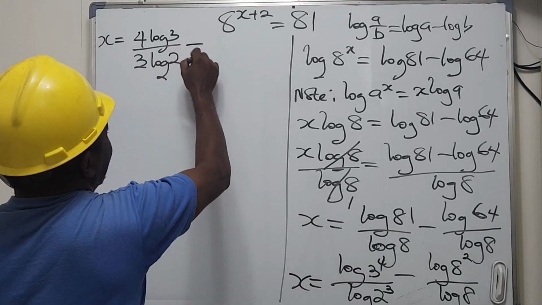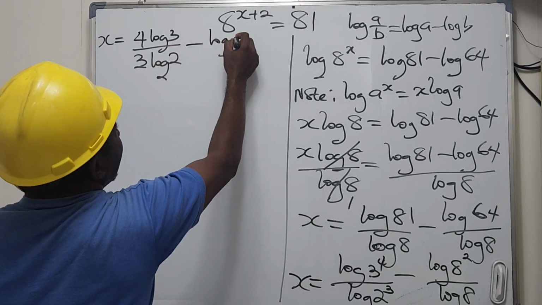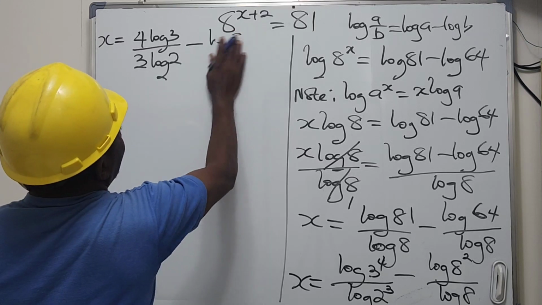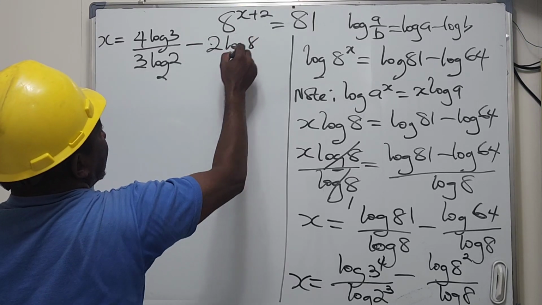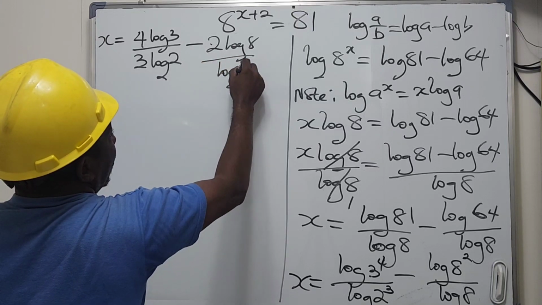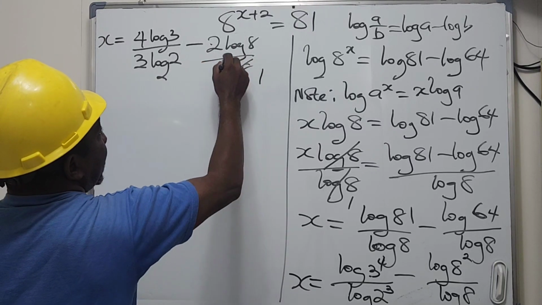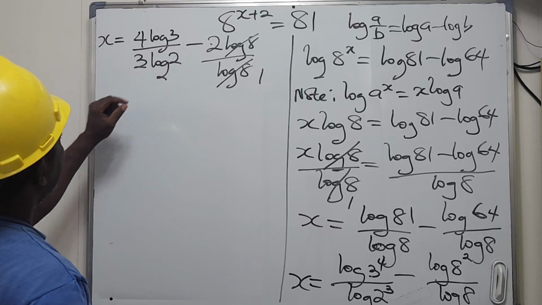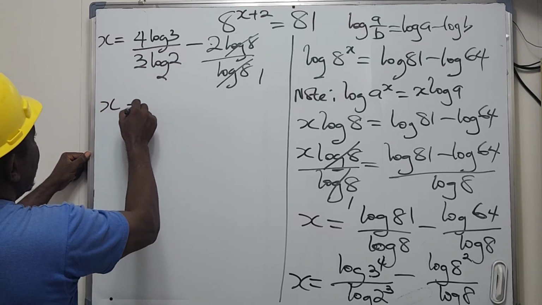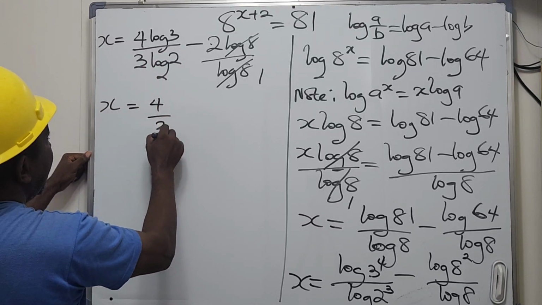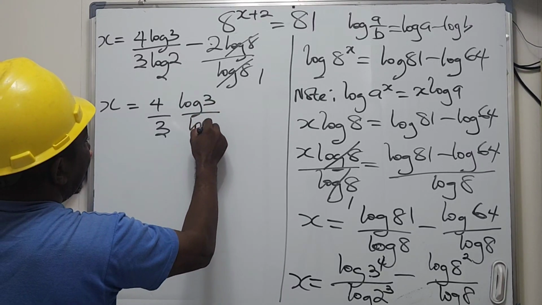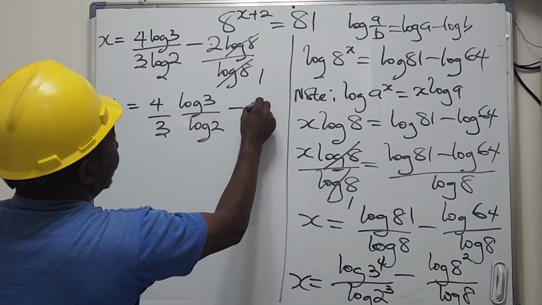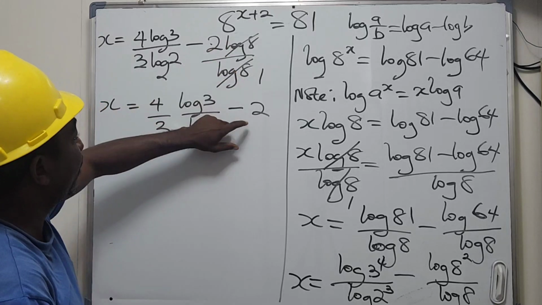Then we have minus 2 log 8 all over log 8. Log 8 will cancel here and it cancels here. We are now left with x equals 4 upon 3 log 3 all over log 2 minus 2. So this other side remains minus 2.